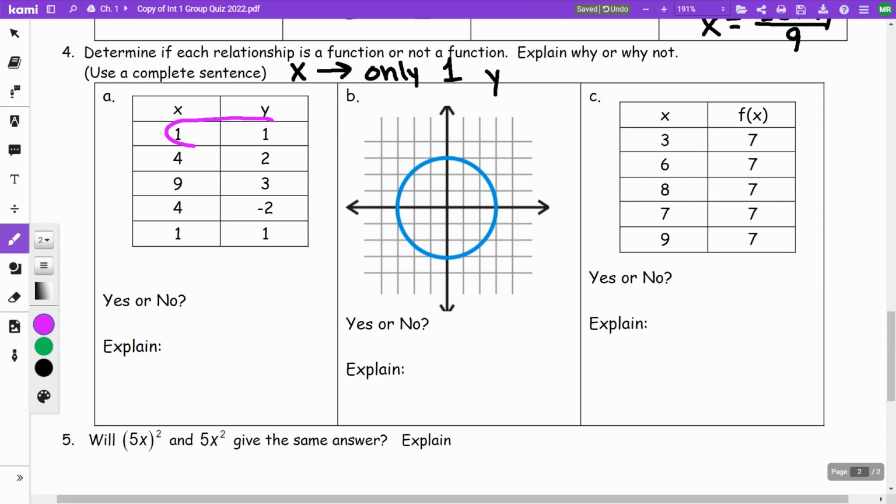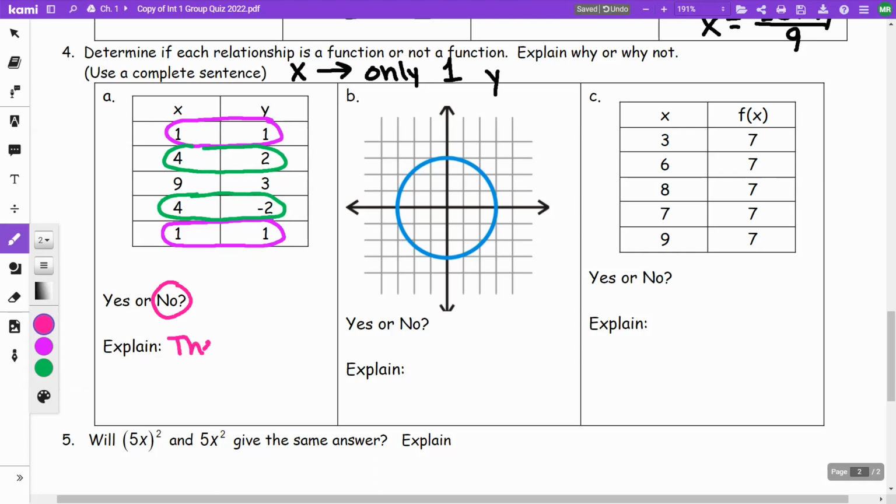I see 1's repeated, but each time 1 went to 1, so that's okay. I have 4 repeated. 4 went to 2, and then 4 went to negative 2. That is a problem. That cannot happen, okay? Each time I have an x, it needs to go to the same y every time. So this is going to be no.